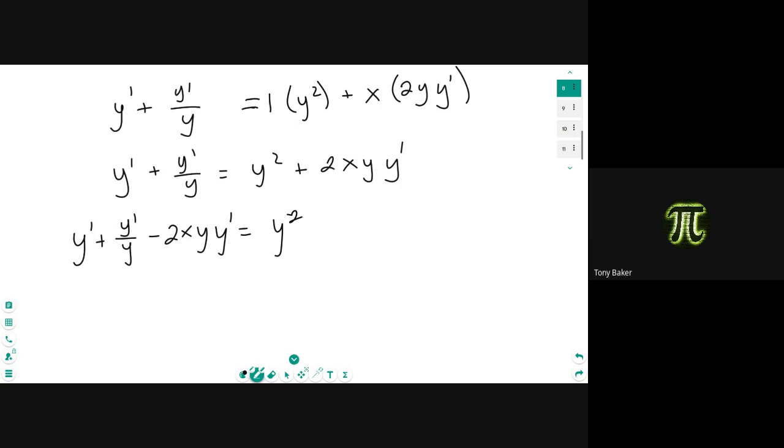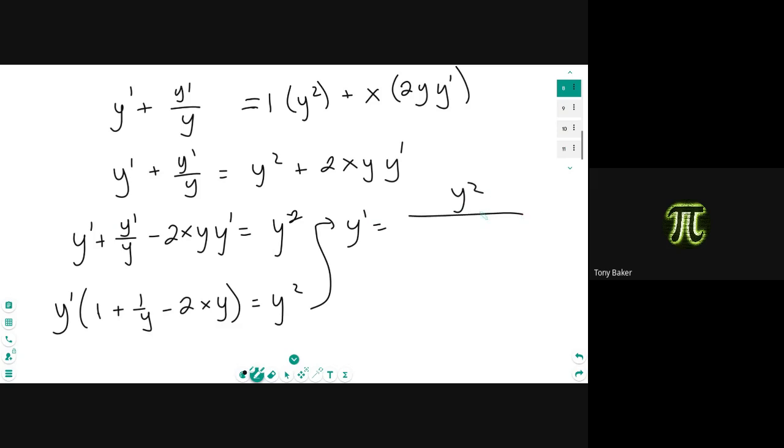Now pull out the y prime. So y prime equals y squared over 1 plus 1 over y minus 2xy.